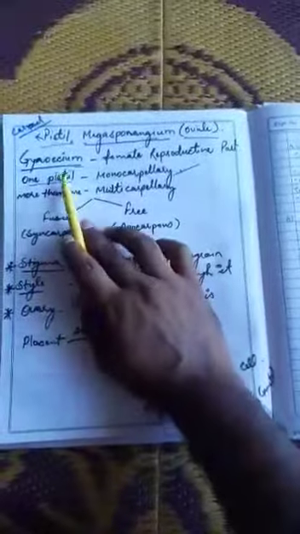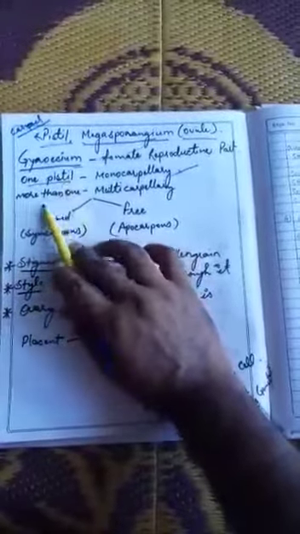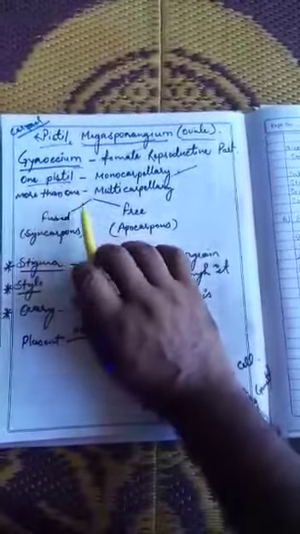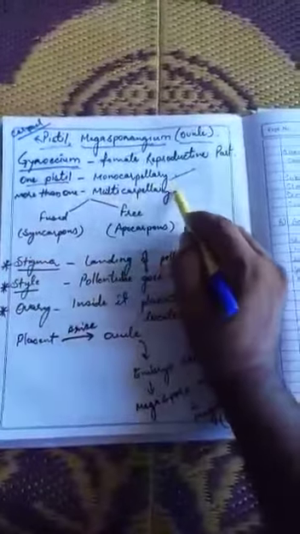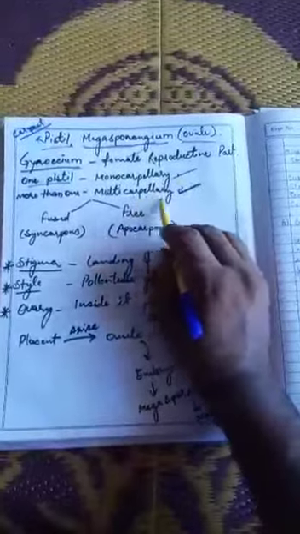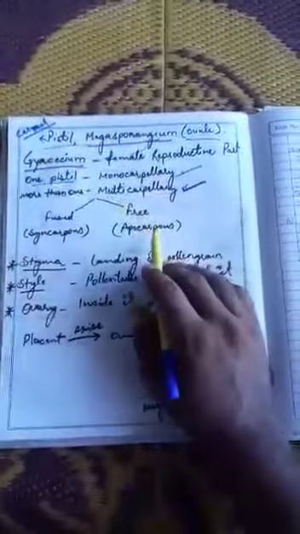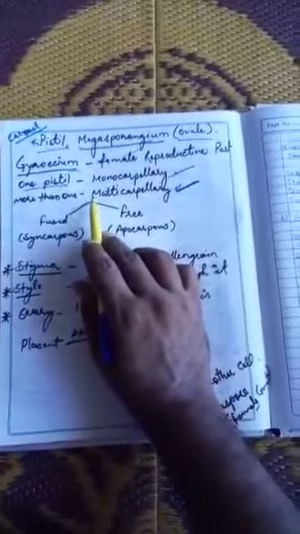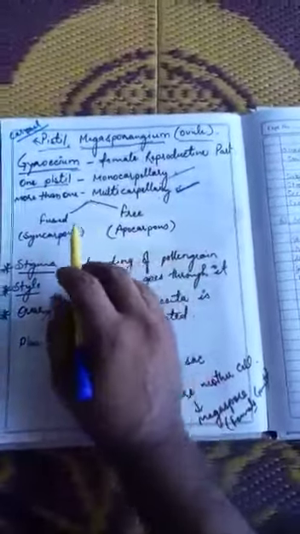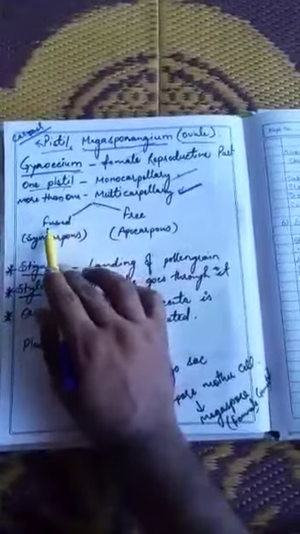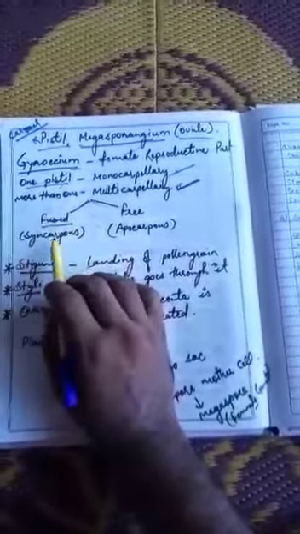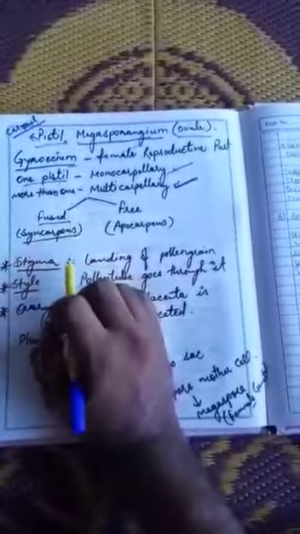If there are more carpels or more pistils, more than one, then that female part is known as multicarpellary. If the flower is multicarpellary and all the pistils are fused together, then that flower is known as a syncarpous flower.